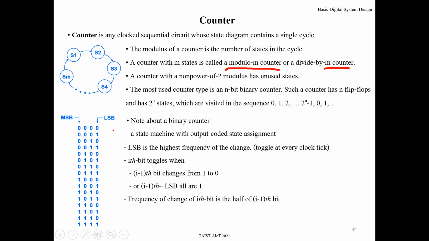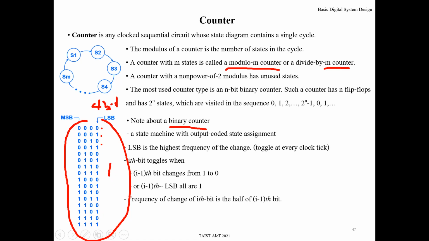Okay. For example, this one is a 4-bit binary counter. So there is the 0000 state, 0001 state, until 1111 state.